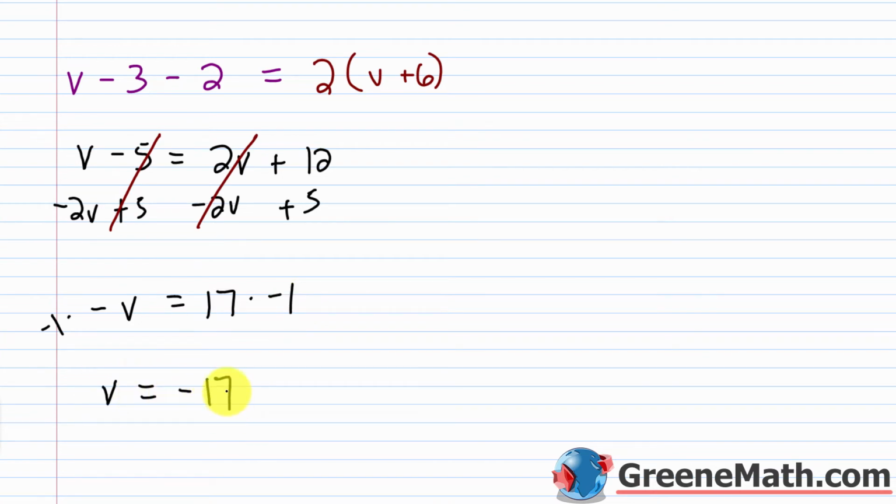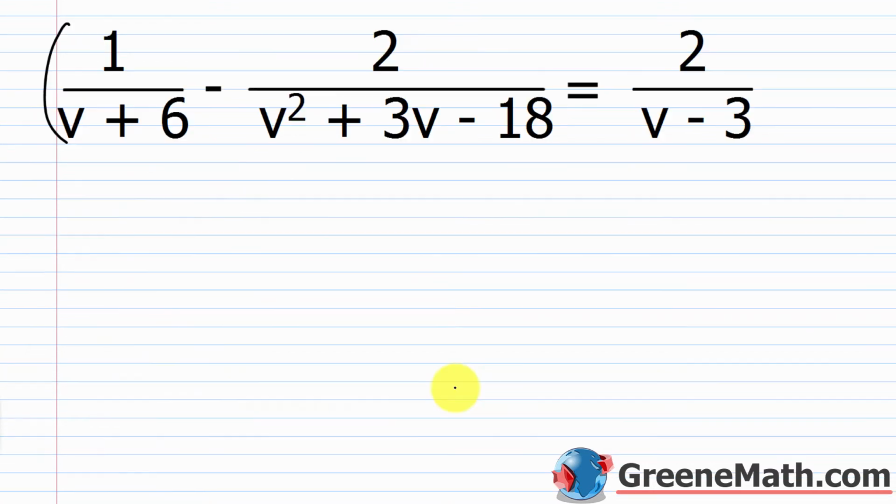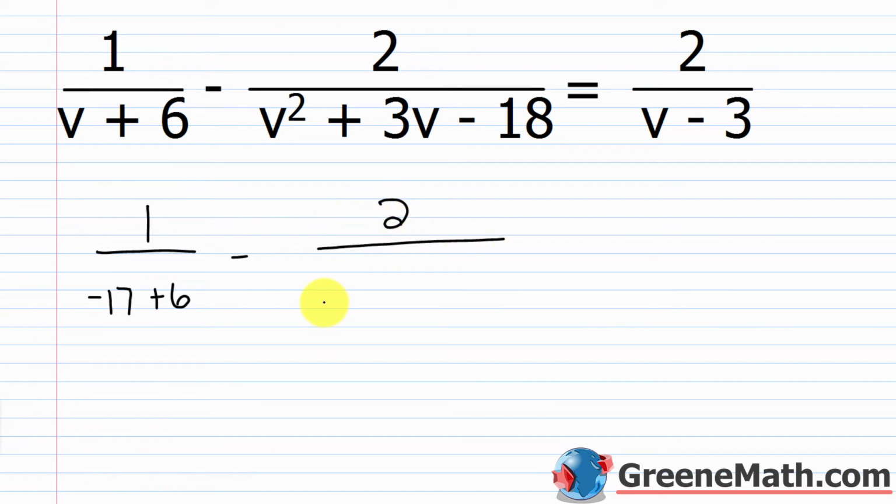Okay, let's erase everything, and then we're going to go back and check. And I'm going to use the factored denominator to check. It's just going to be easier for me. So 1 over, you'd have negative 17 plus 6 minus 2 over, you have, again, v plus 6, so that's negative 17 plus 6, and that's multiplied by v minus 3, so negative 17 minus 3.